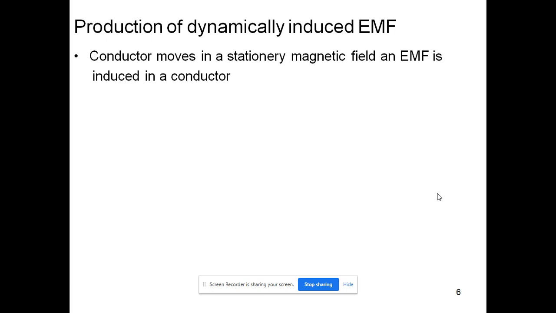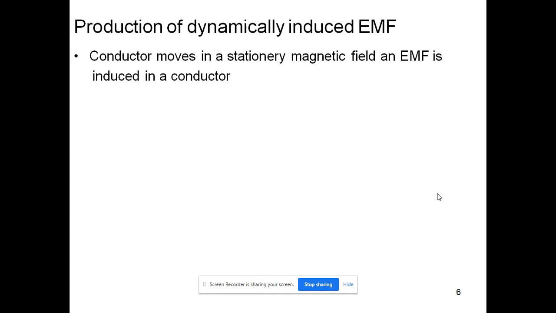Now let us see the production of dynamically induced EMF. In dynamically induced EMF, either the conductor has to move or the magnetic field has to move, whereas in statically induced EMF, both the field and the conductor will be stationary.